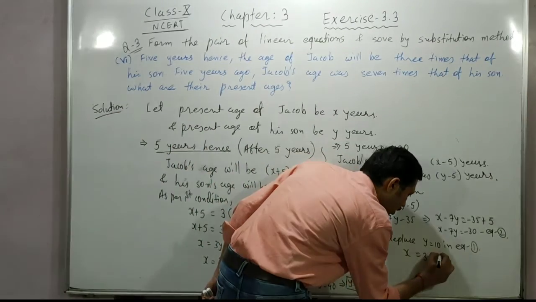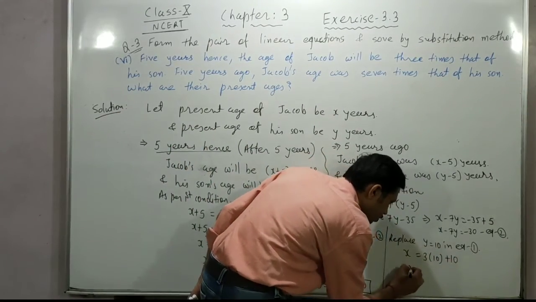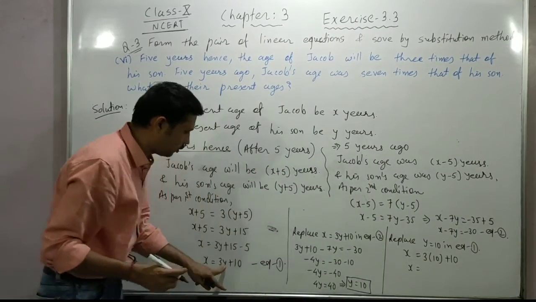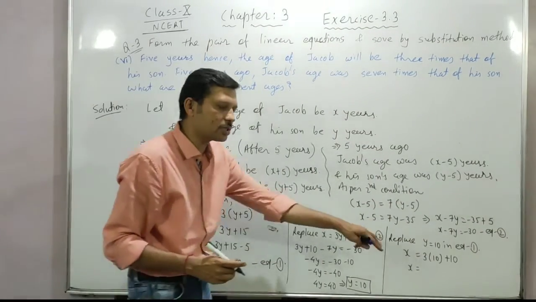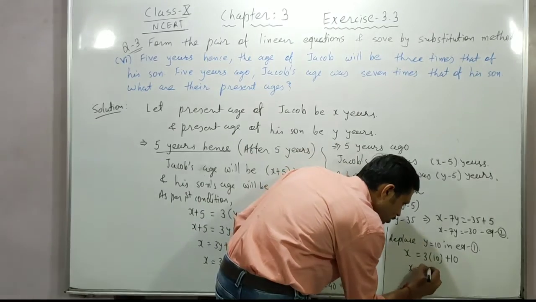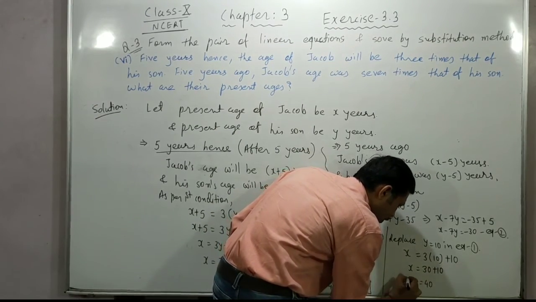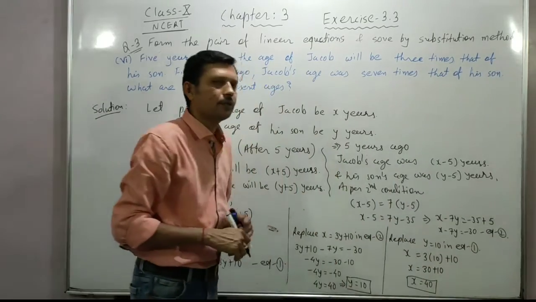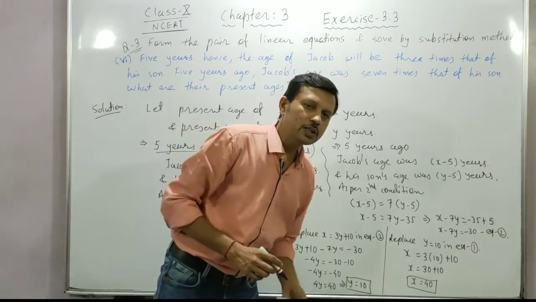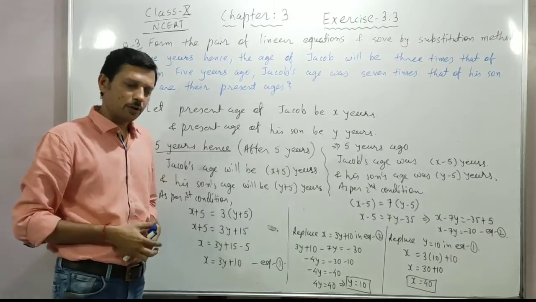Value of y is 10. So x is equal to 3y plus 10. The y value we replaced here, 10. So 10 3s are 30 plus 10. So the value of x is equal to what? 40. Understood?